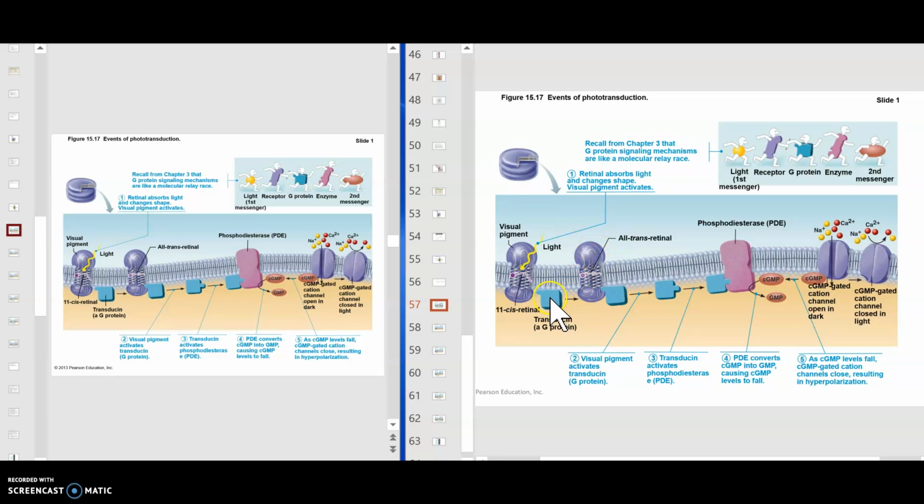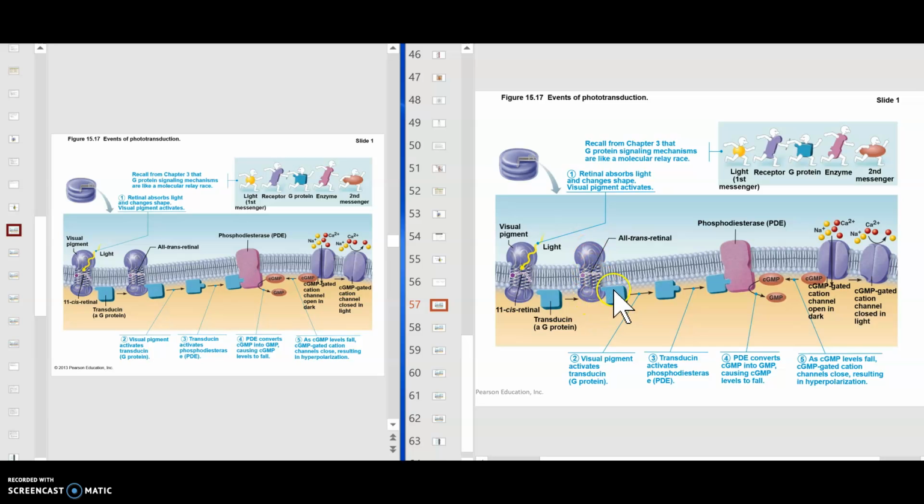Now, inside the membrane here is something called G protein. G protein cannot attach to the rhodopsin as long as the retinal is attached. But once the retinal is removed, and what removes it is when it becomes all-trans retinal, it can no longer attach to the opsin.